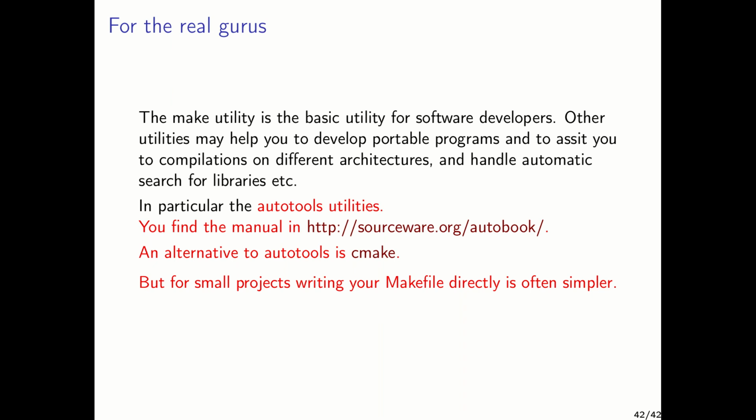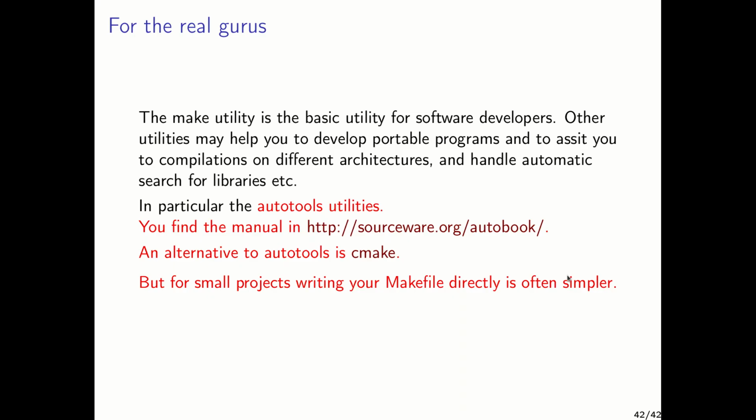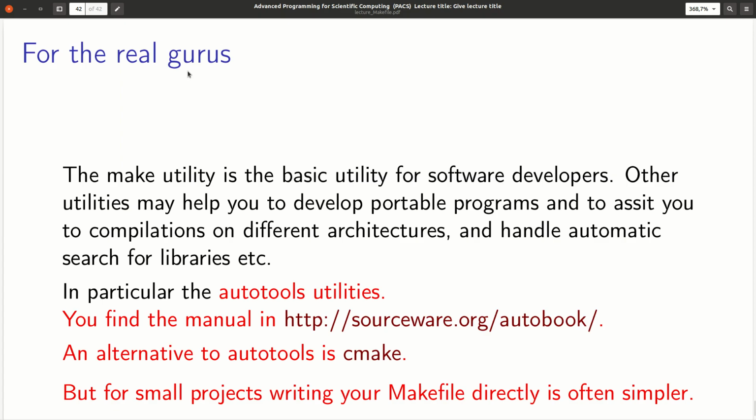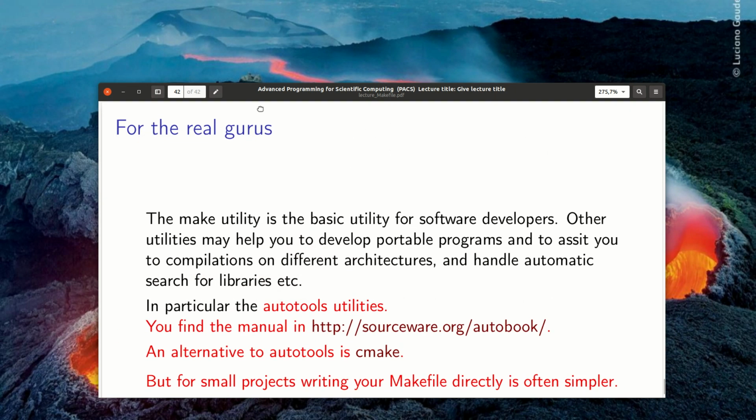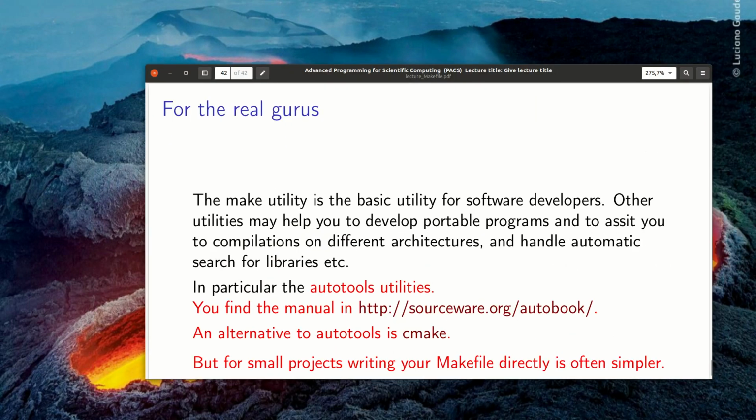If you have to write a program more professionally, that has to be deployed on different architectures, different computers, distributed on the web, then it's better to use either CMake or the autotools or other tools that are available that I'm not mentioning here. Okay, that's all. Enjoy making and get ready for the next video.